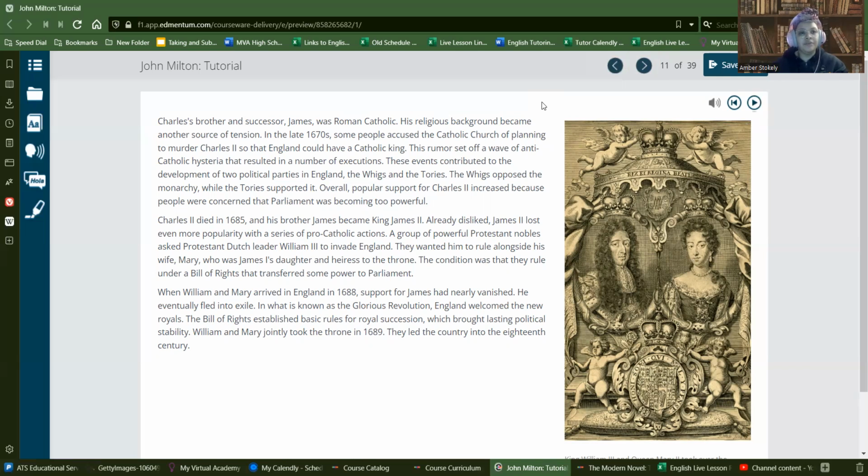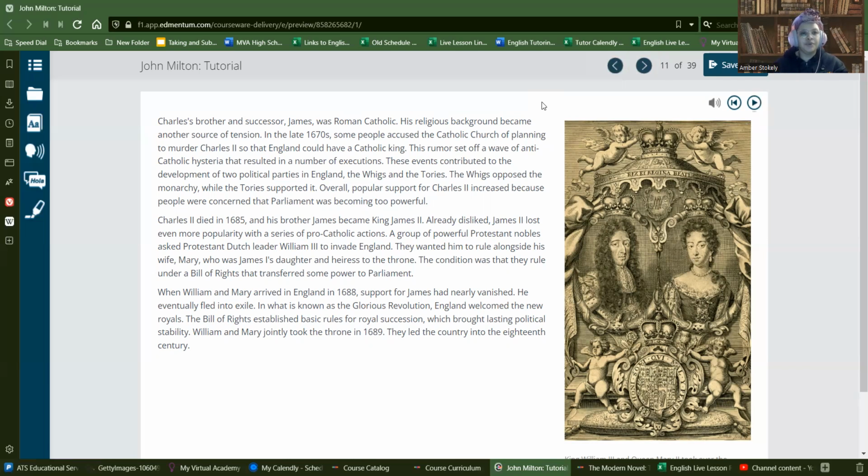So here on slide 11, we talk about who took over after Charles II. After Charles II died, England was ruled by James, who was Charles's brother. And James was Roman Catholic.